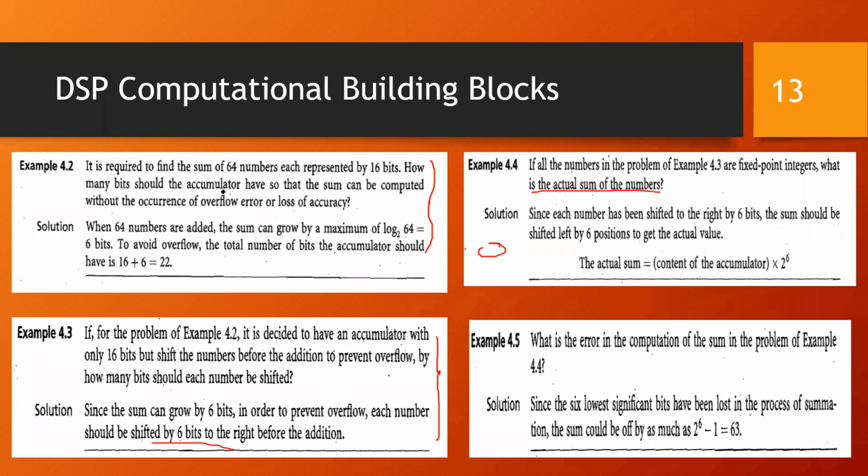For example, if I take 1100 and 1011, these are the two numbers that have to be added. Before adding, I shift it. Based on log n, since two numbers are there, log 2 to the base 2, I have to shift it by 1 bit.